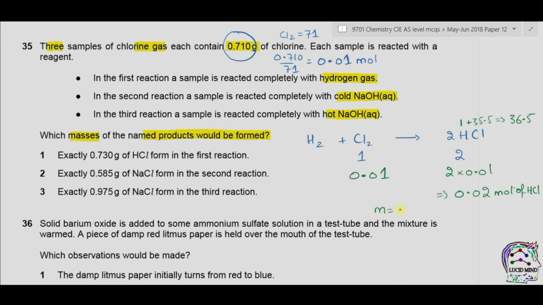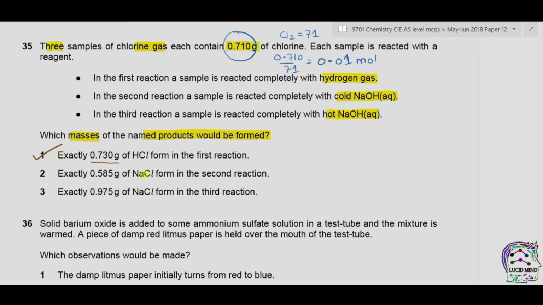Mass in grams is equal to number of moles into molecular mass. Putting values, number of moles is 0.02, molecular mass is 36.5. So it comes equal to 0.730 grams. Now in option 1 we can see that exactly 0.730 grams of HCl is formed. So option 1 is correct.